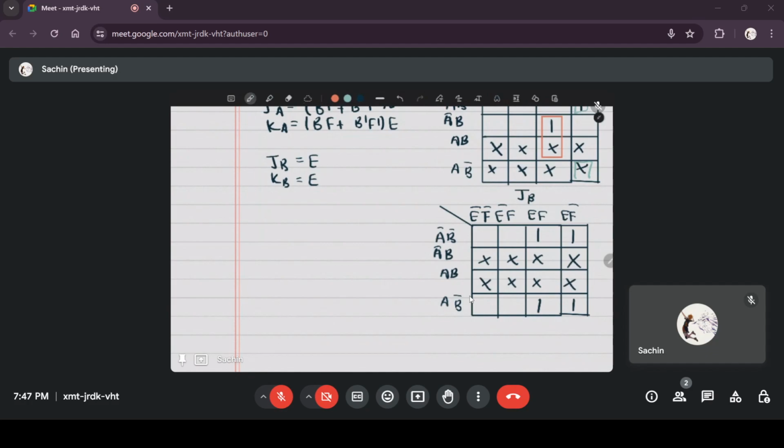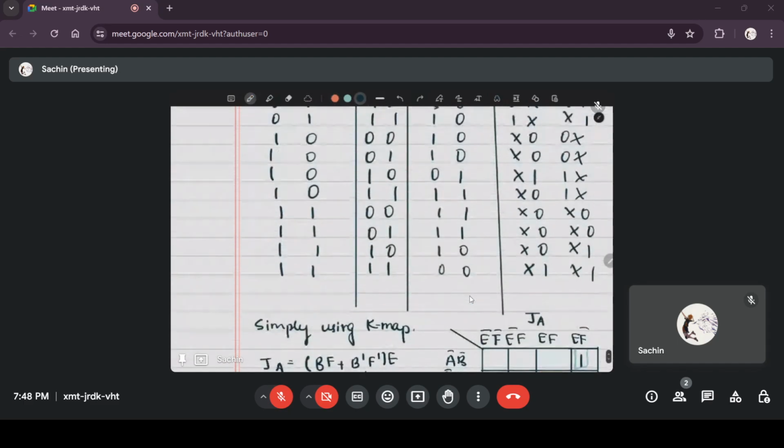So you can form an octet, and that will remove f and f prime, and all these terms, a and b. So you'll be left with just e. So JB is equal to e.